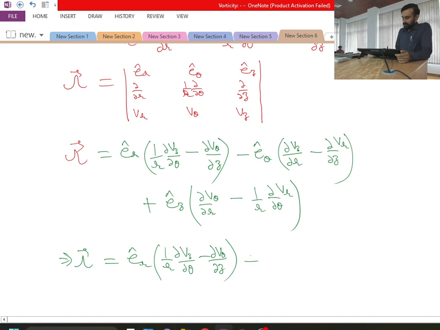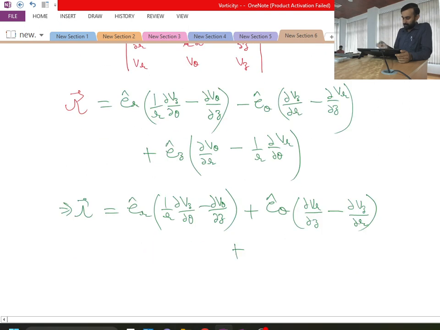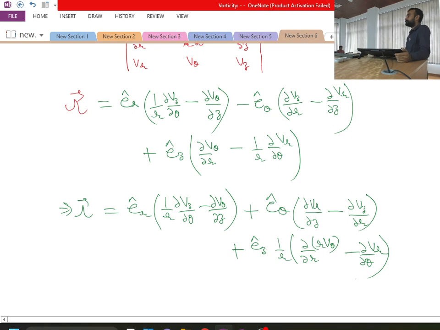In the second term I can make it a plus sign, and then it becomes del Vr by del z minus del Vz by del r, and in the third term if I take 1 by r common, then it becomes E cap z 1 by r times del by del r of r V theta minus del by del theta of Vr. Fine. So now this is my vorticity vector in the cylindrical coordinate system.